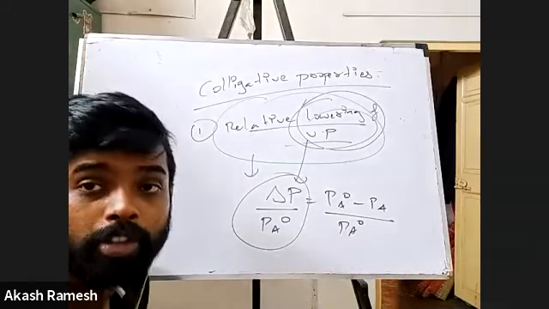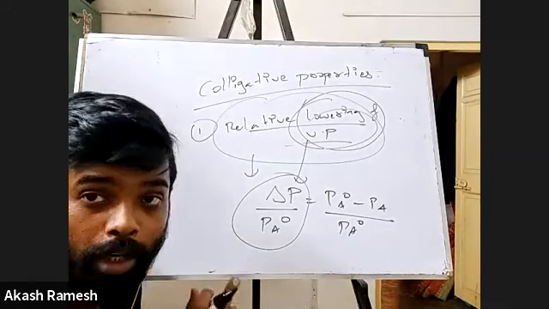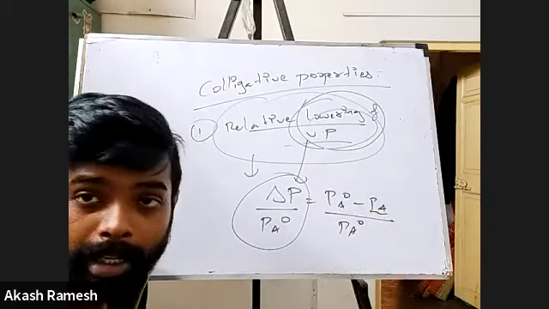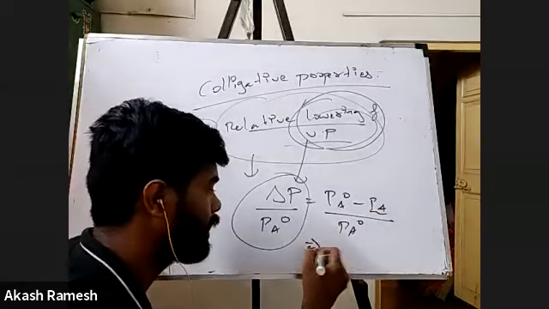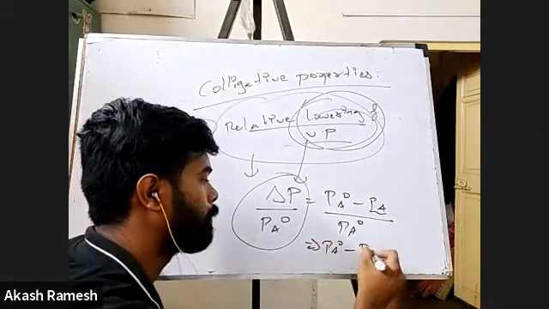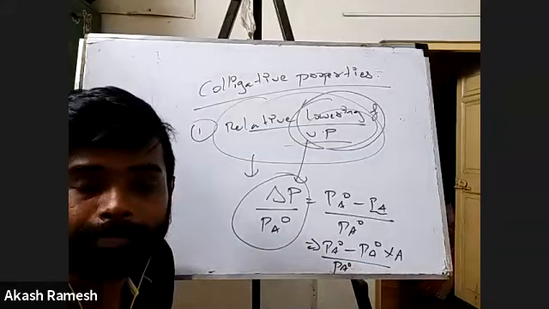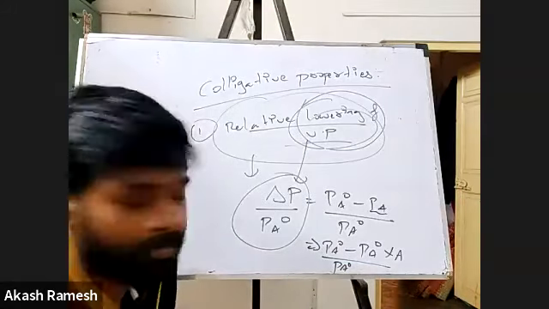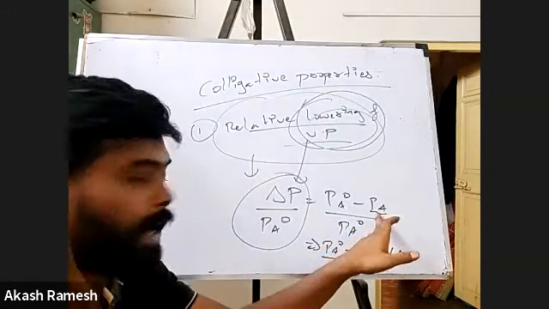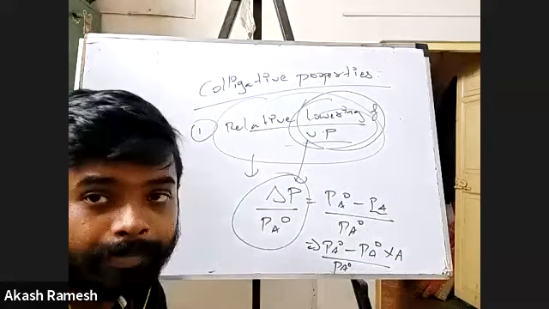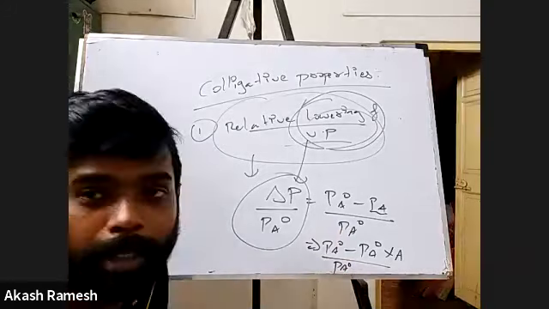Now let me use Raoult's law. If I use Raoult's law, what can I do? I can write PA as PA naught XA. So again, I can write it like this: PA naught minus PA naught XA, divided by PA naught. PA, again in terms of Raoult's law, I can write as PA naught XA, divided by PA naught.